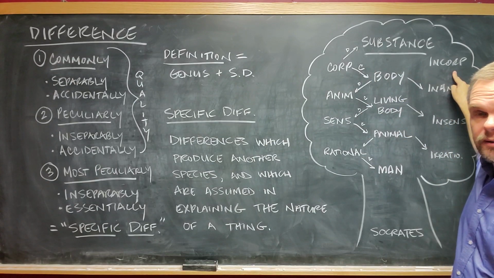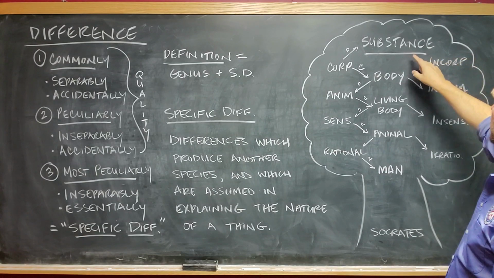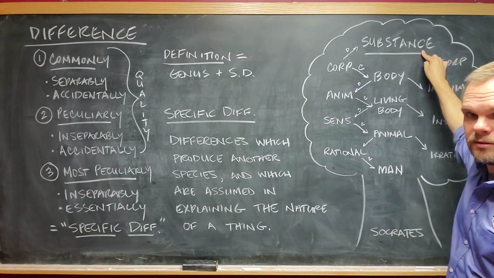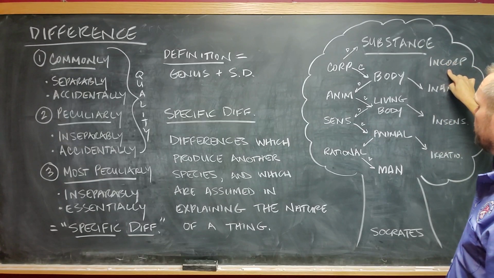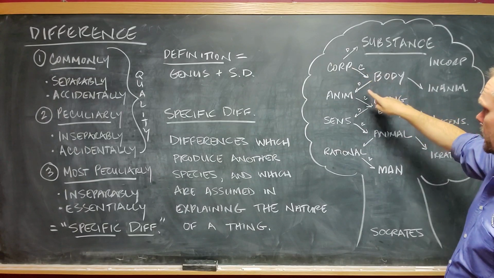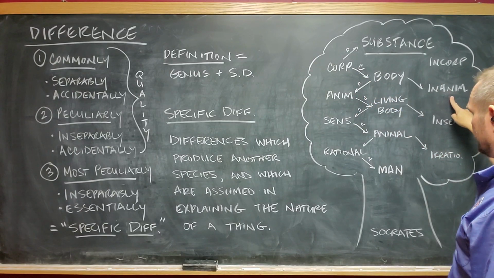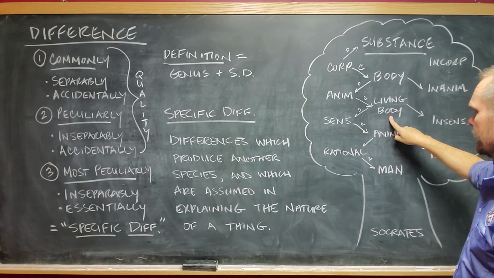It would be spirit. So we would have a different tree where an incorporeal substance is a spirit. We said a body can be animate or inanimate, and we chose animate body, which is a living body.